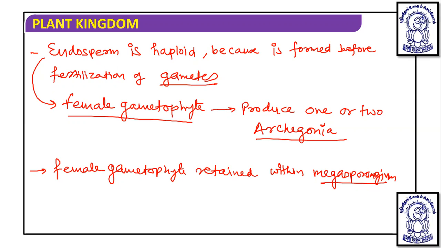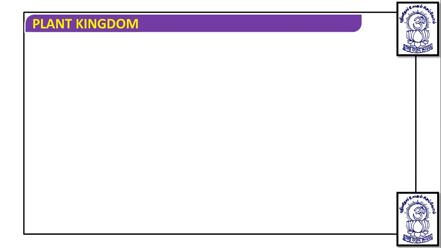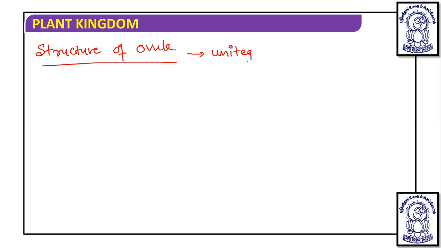So, to understand direct pollination in gymnosperm, we have to study the structure of the ovule. In gymnosperm, the ovule is unitegmic and orthotropous.